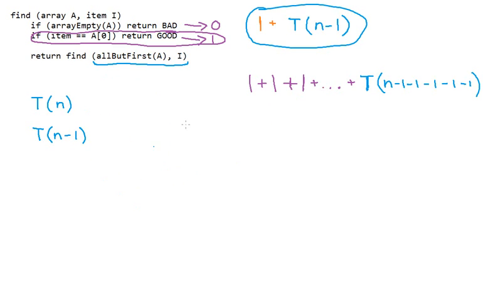So every single time we loop through the recursion, we're taking out a cell from A. So it's n minus 1, minus 1, minus 1, minus 1. So as we know from math, which we all love, when we have a ton of 1s here, we can just call that n. So t plus, or n plus t.